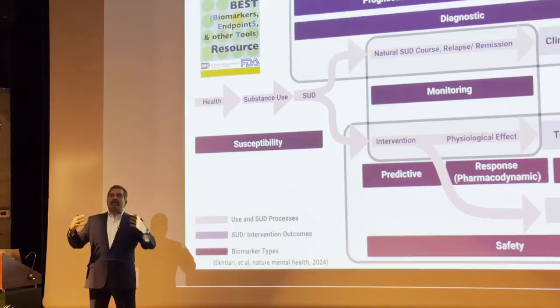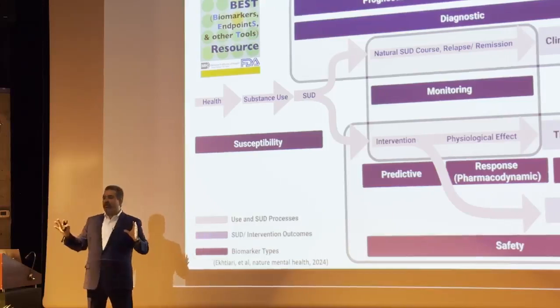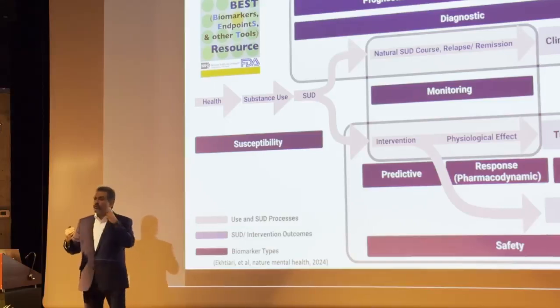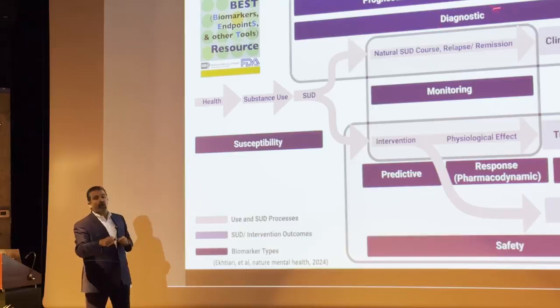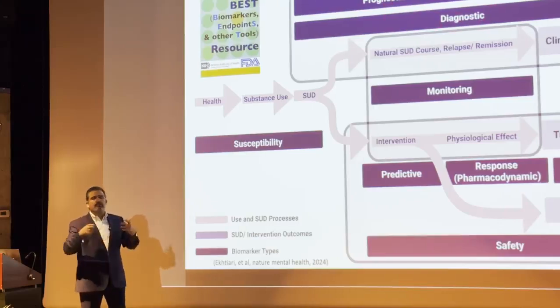So if you just say biomarker in general, it doesn't have any meaning. So do not use biomarker without these specifications I'm going to tell you. When you want to say biomarker, you should first say what type of biomarker. Is it a susceptibility biomarker? Is it a biomarker that could be used for diagnostic purposes? Is it a prognostic biomarker? What does prognostic mean?